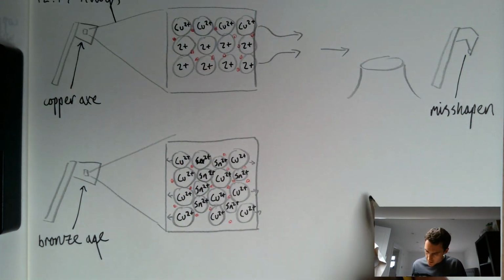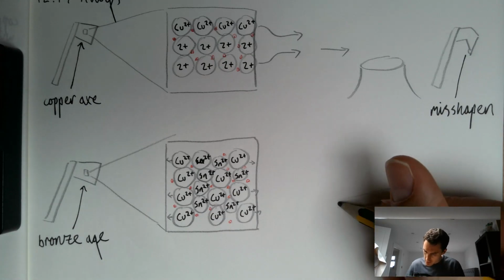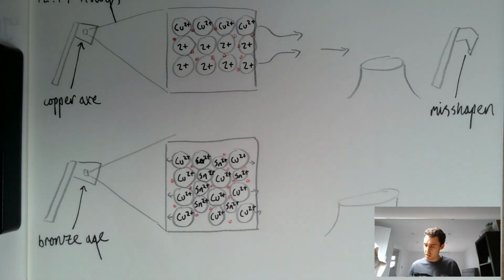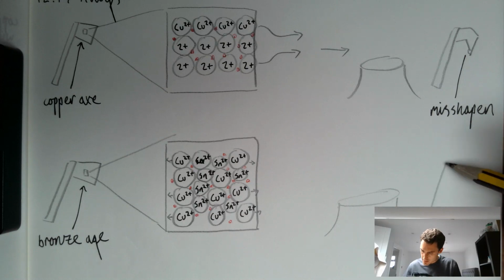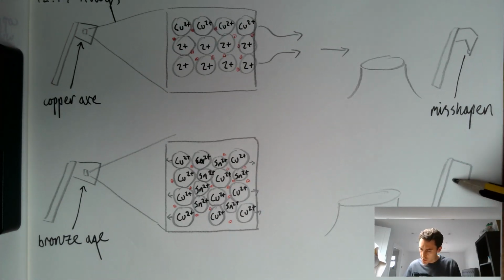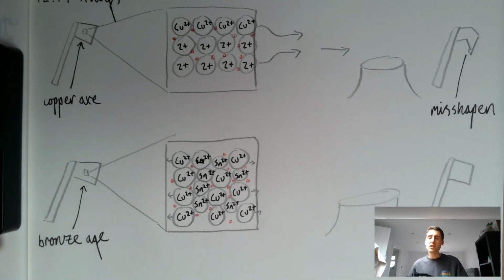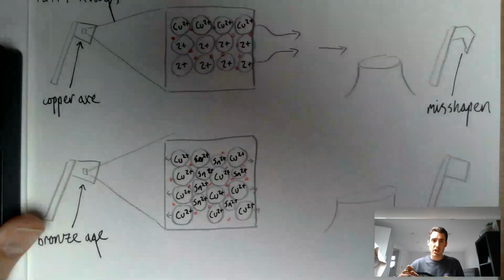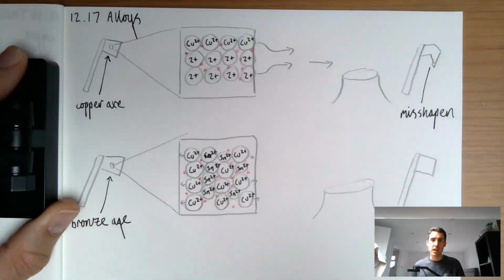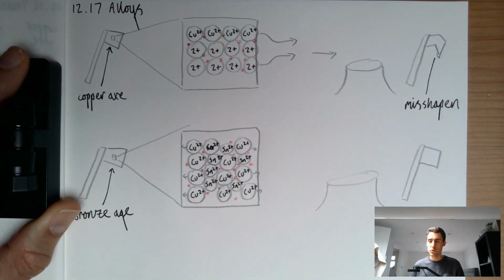So therefore, after you've been hacking down your tree trunk and you're left with a stump, well, your axe remains in the shape that it was. And this is why, it's not a very good axe there, but hopefully you get the idea. And this is why the Bronze Age was such an age of development for humankind, because they had much better tools as a result.